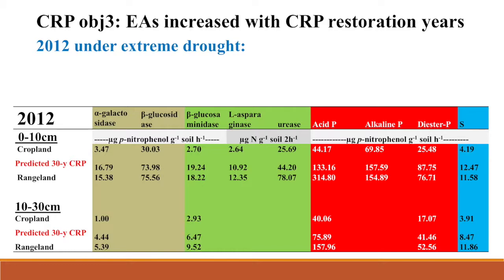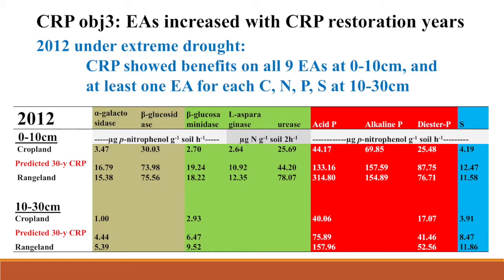Multiple regression was also conducted for the enzymes. These are the 30-year CRP enzyme activities predicted from the regression model. This is the 2012 data. In the table, empty cells mean there was no significant difference.